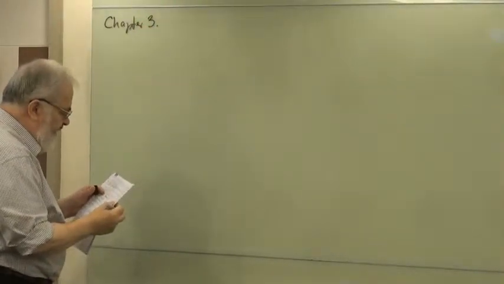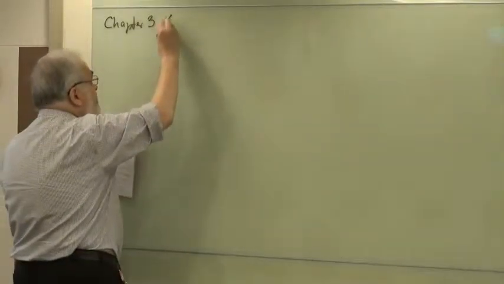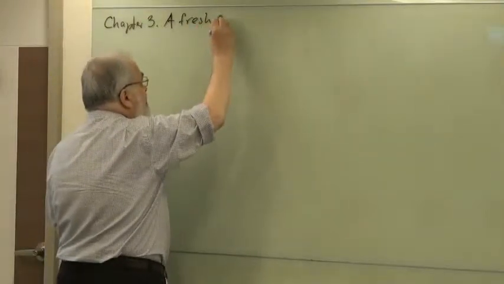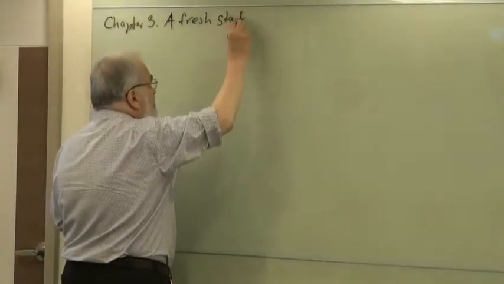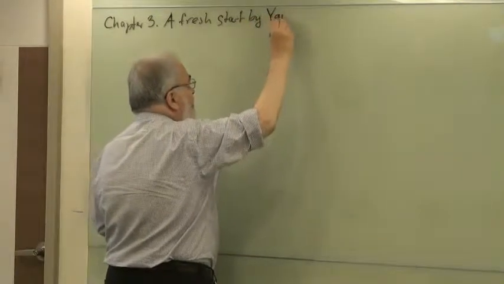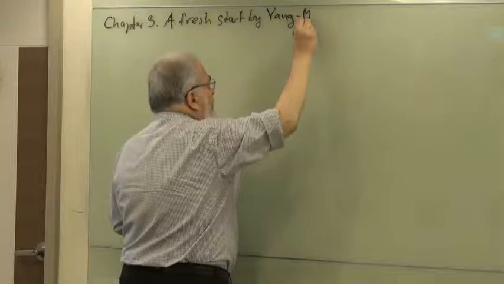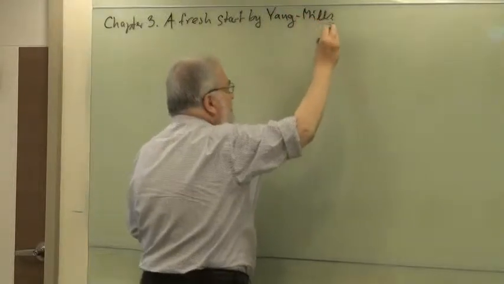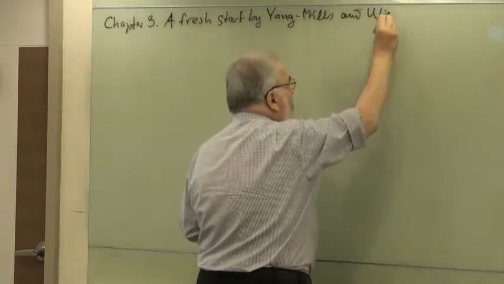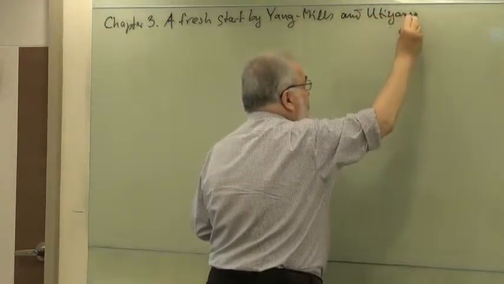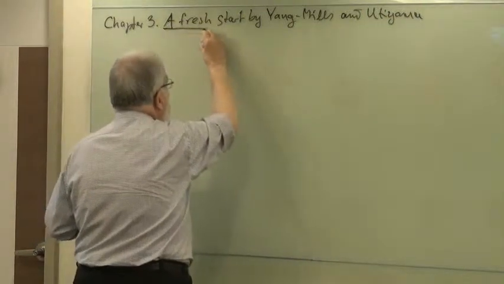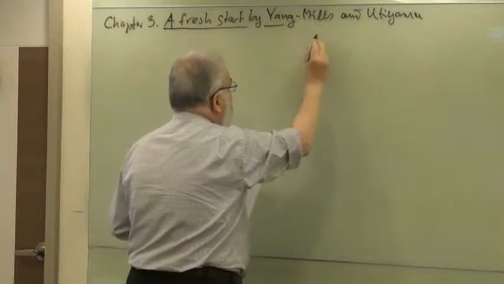A Fresh Start by Yang, Mills and Utiyama. What do I mean by a fresh start? A fresh start in gauge theory. Because in chapter 2, we had the first start.